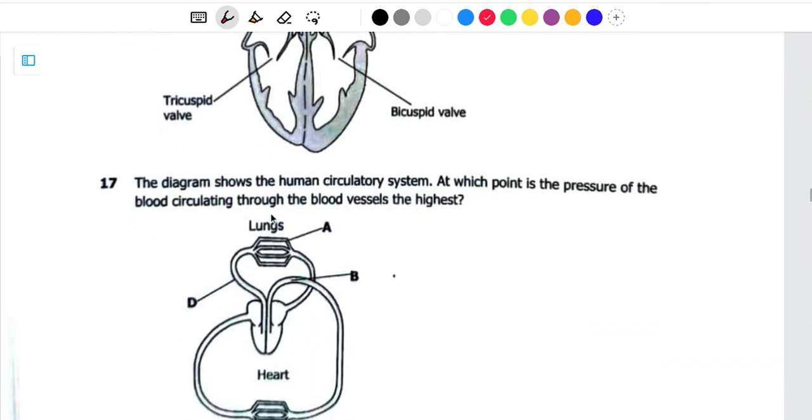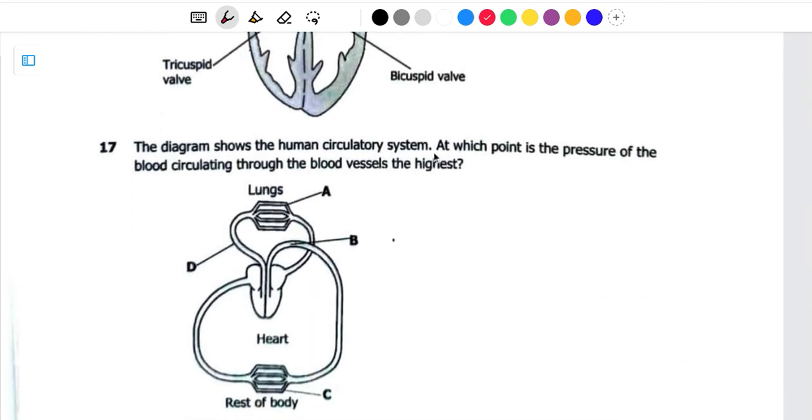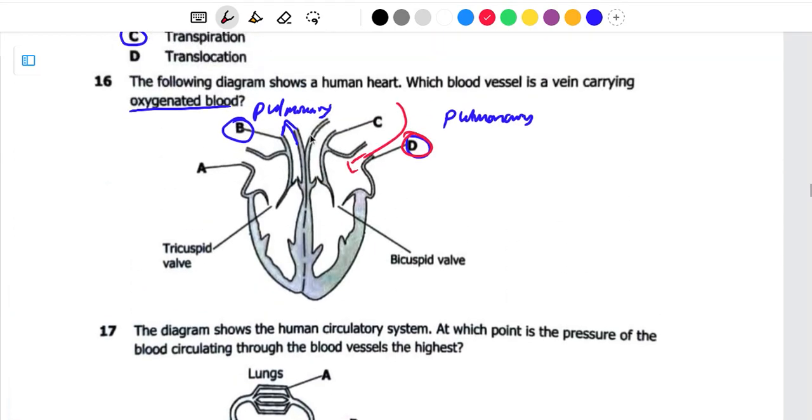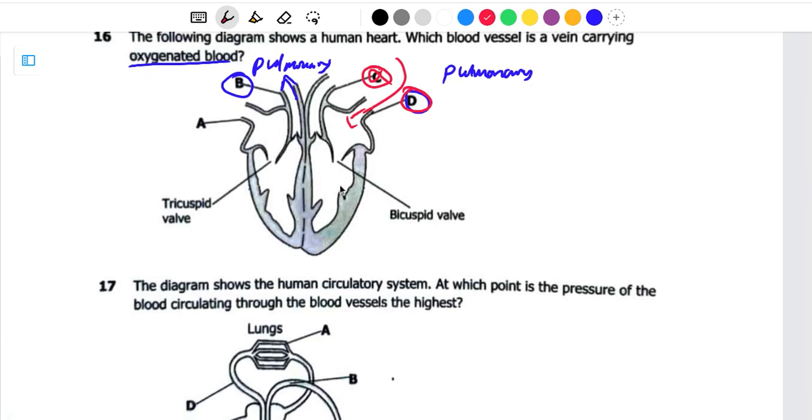Then question 17 says the diagram shows the human circulatory system. At which point is the pressure of the blood circulating through the blood vessel the highest? You find that this is the aorta. C is the aorta. So the blood is carried at the highest pressure through the aorta.